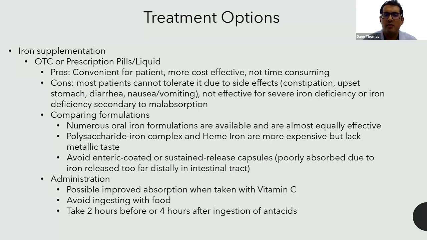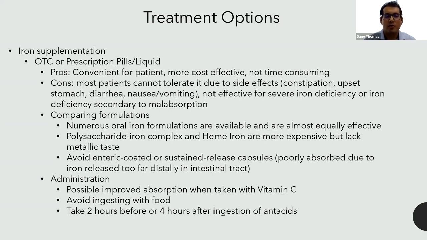Polysaccharide iron complex and heme iron are more expensive but lack metallic taste. You should avoid enteric-coated or sustained release capsules because they are typically poorly absorbed, due to iron being released too far distally in the intestinal tract with these sustained release iron supplements.